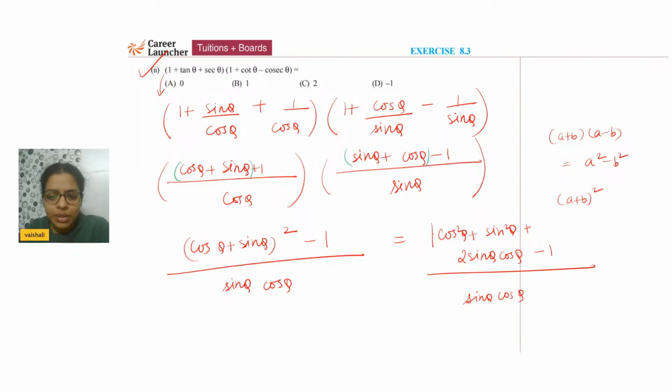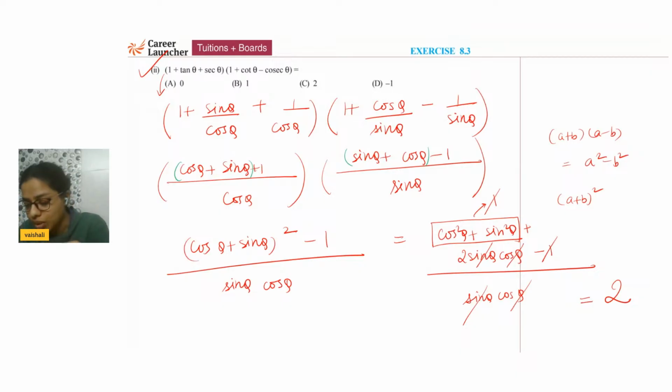Now if you remember, sine square theta plus cos square theta is 1, and this one will get cancelled with the minus 1 that is here. And what are we left with? 2 sine theta cos theta. So this sine theta cos theta will also cancel, and what you are left with is only 2. So as per this calculation, your correct answer is option number C. And let me know in the comment section if you are also getting the same answer.